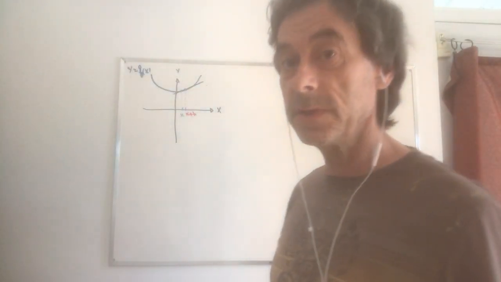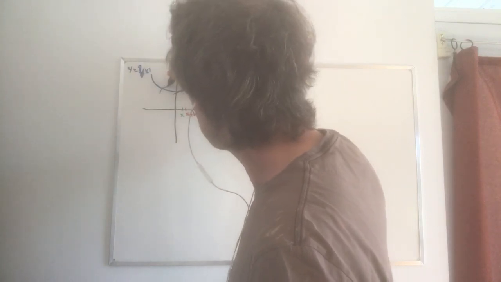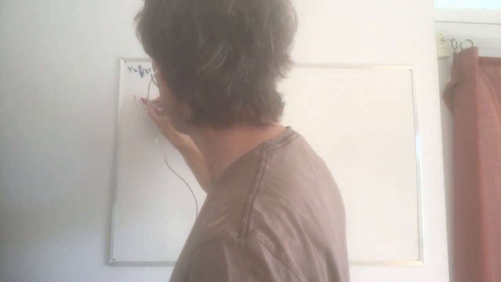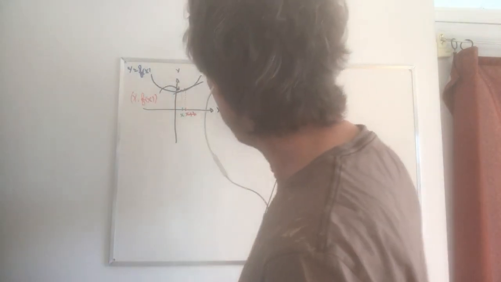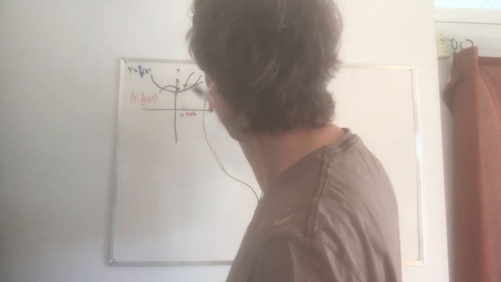So this is x plus h, here's 1 point, here's another point, and we draw the line that goes through this, the secant line. This point right here is what? It is x, f of x. And what is that point right here?